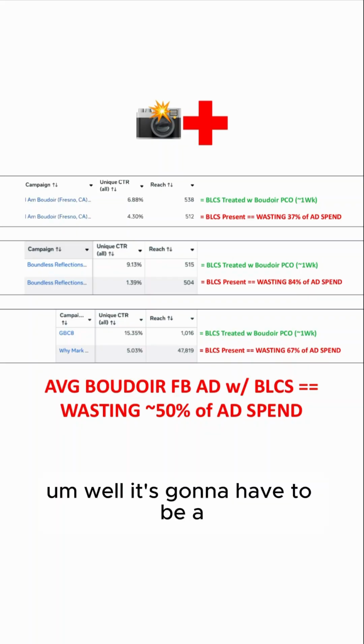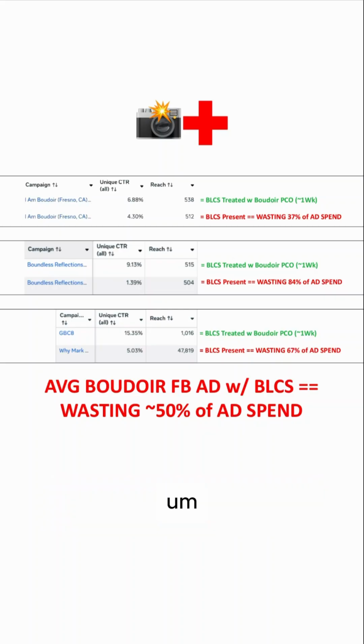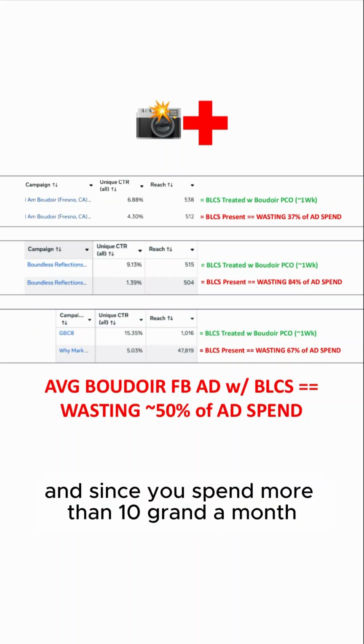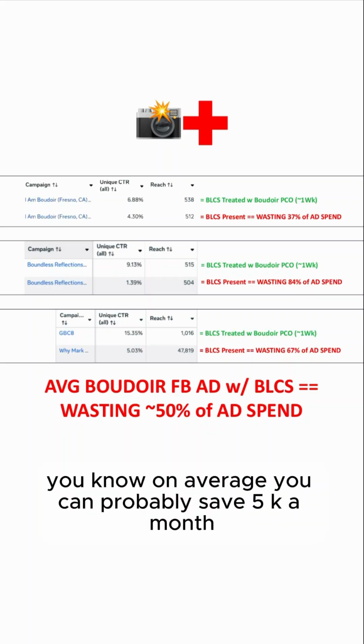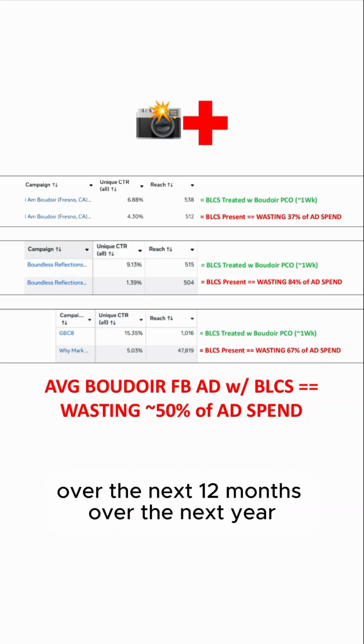Well, it's going to have to be when I open up for new patient intake. And since you spend more than 10 grand a month, on average, you can probably save 5K a month, which would be approximately 60K over the next 12 months, over the next year.